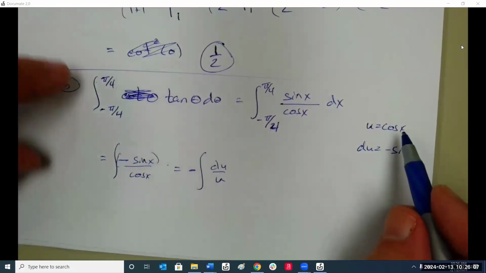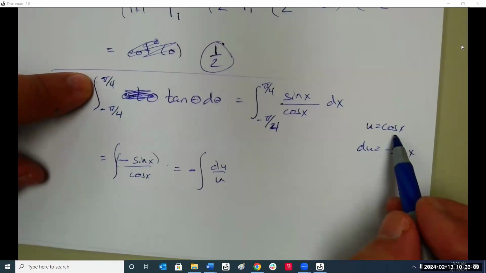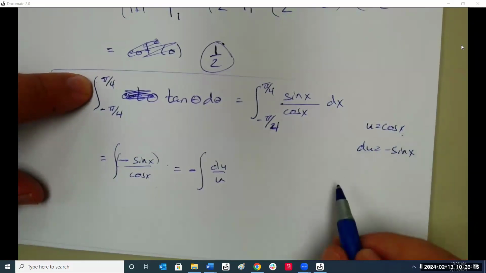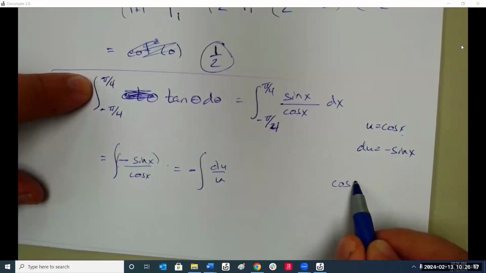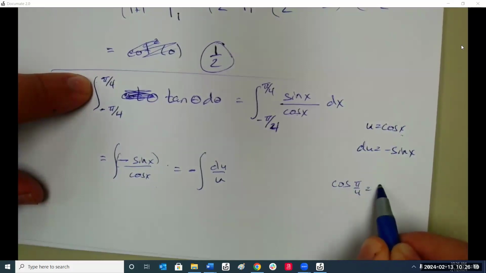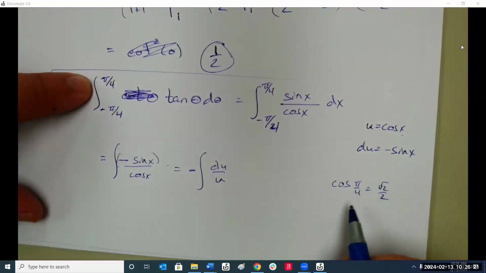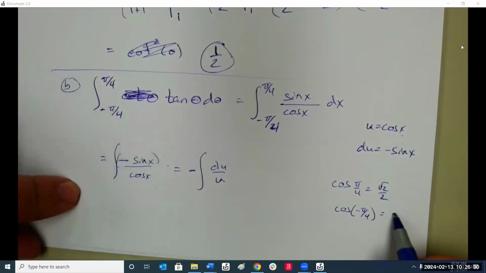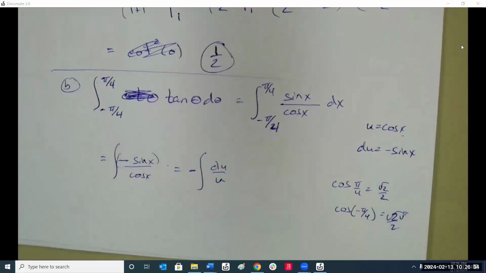When x is pi over 4, cosine of pi over 4 is square root of 2 over 2. The cosine of negative pi over 4 is square root of 2 over 2 also.